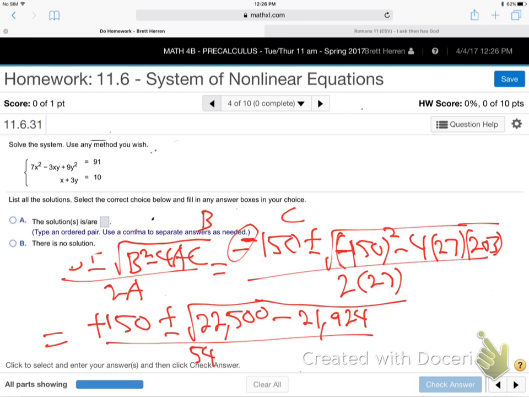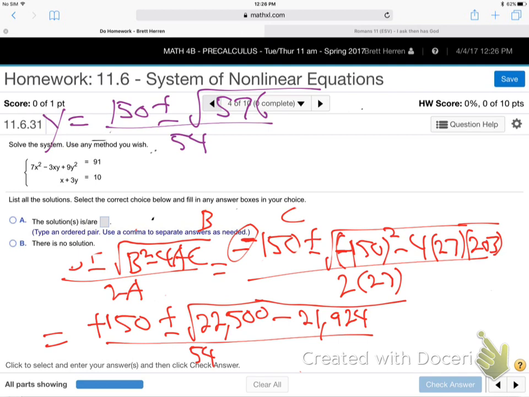These are long problems. So what is that? Minus 21924 gives 576, all over 54. Is this x or y? It's y.